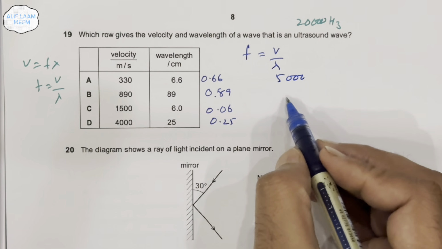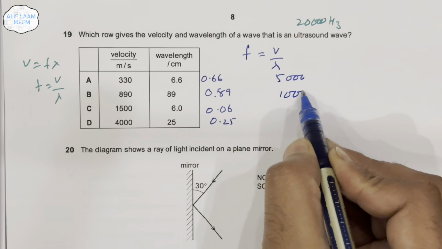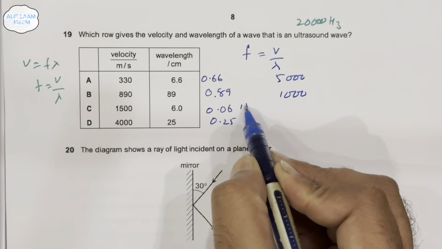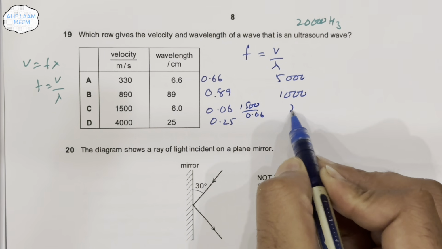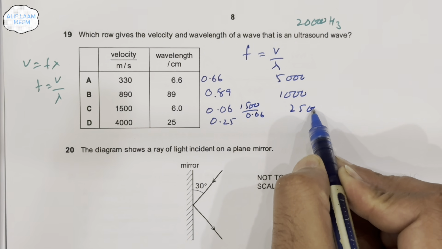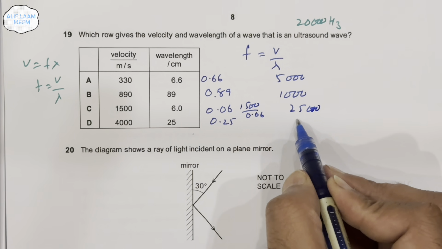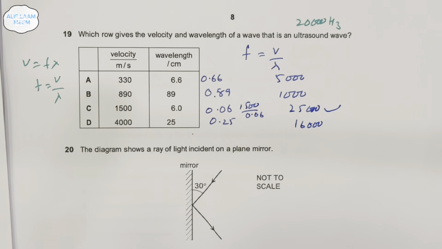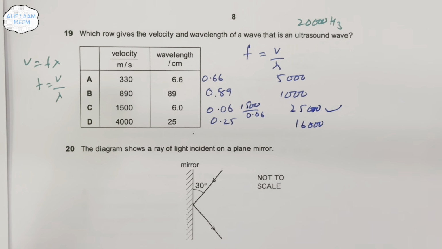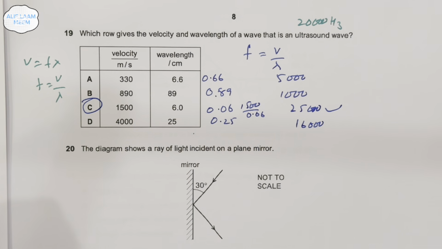Divide 890 by 0.89, it would be 1,000. Divide 1500 by 0.06, you would get the answer equal to 25,000. And dividing 4,000 by 0.25, you get 16,000. So 25,000 is greater than 20,000. So option number C is the right choice over here. This is how we have calculated.